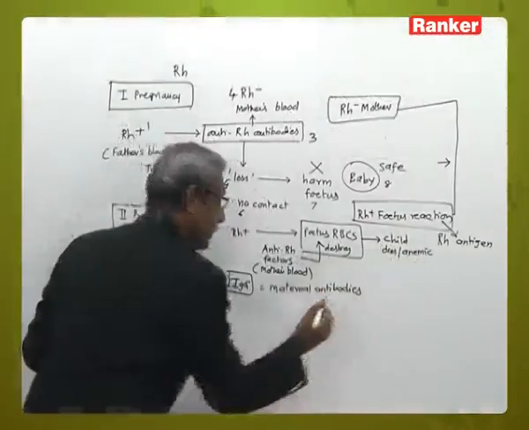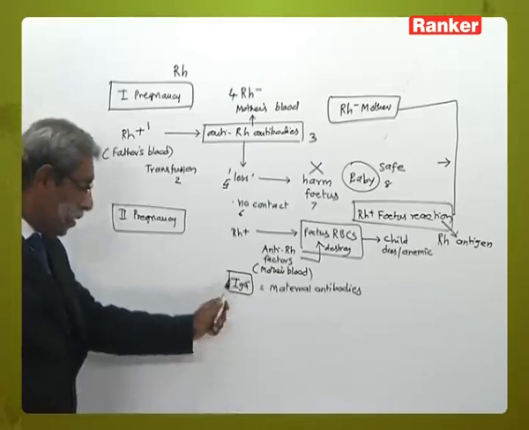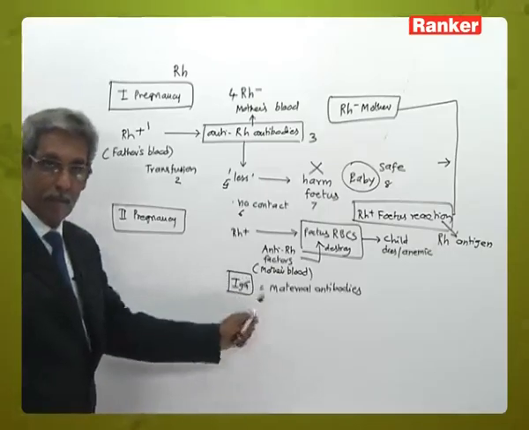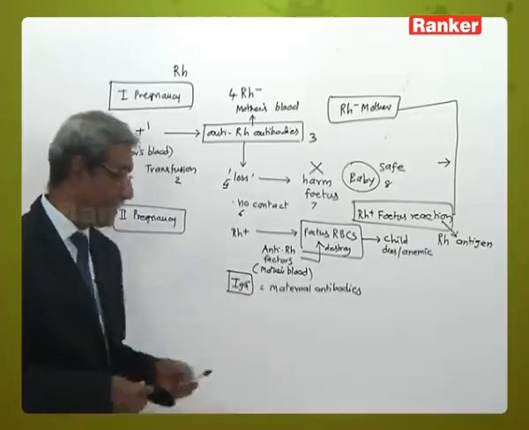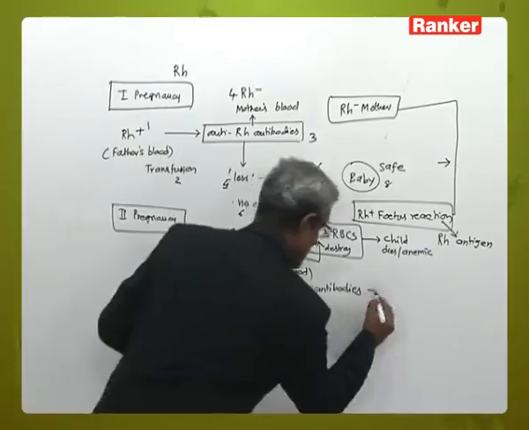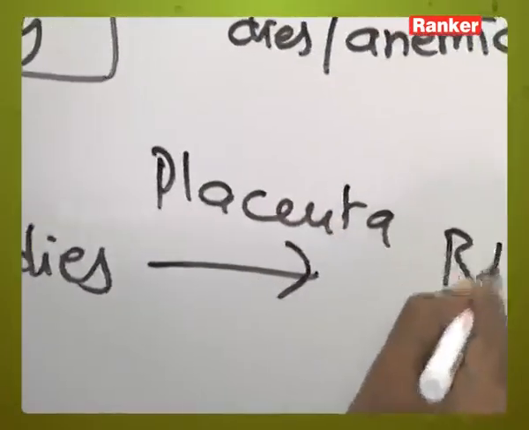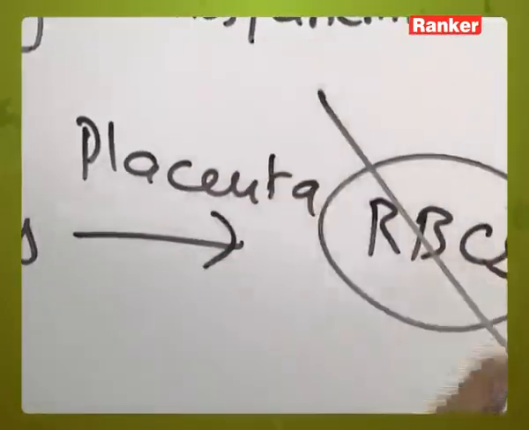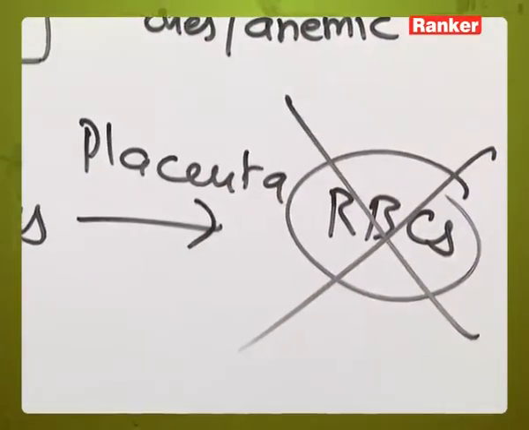The maternal IgG antibodies cross the placenta and destroy the fetus's RBCs. They go through the placenta and destroy the RBCs during the second pregnancy.